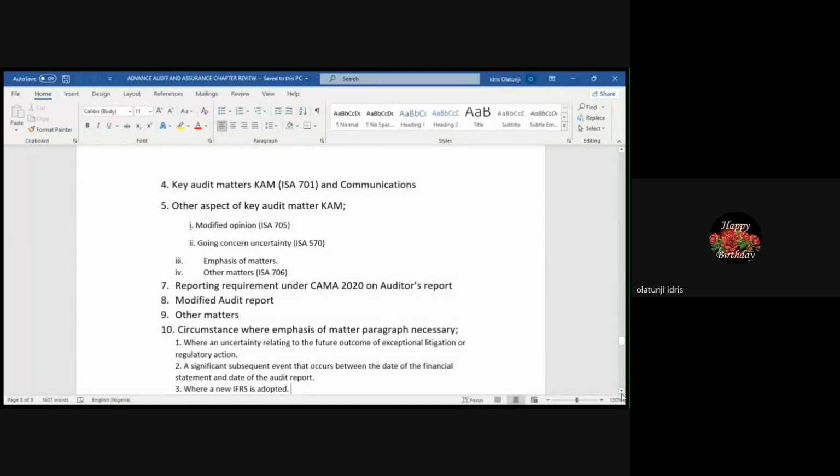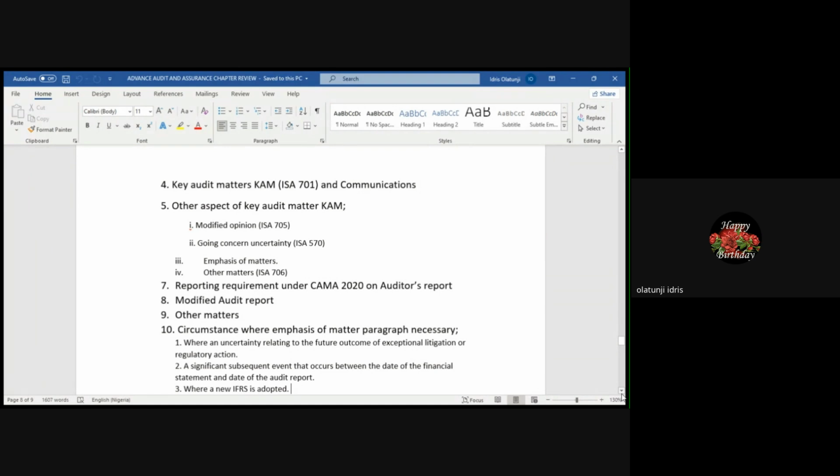That's the paragraph the person is talking about. If there is going concern uncertainty when auditing the financial statement, there should be a paragraph that will describe the material uncertainty in our audit report.